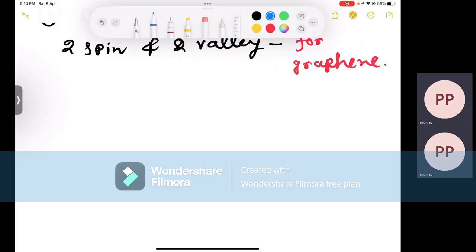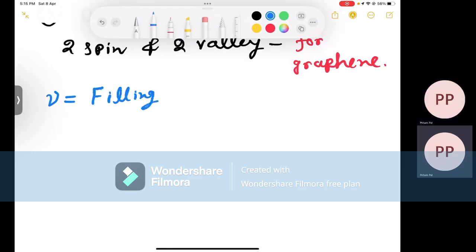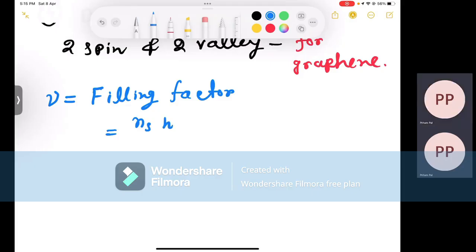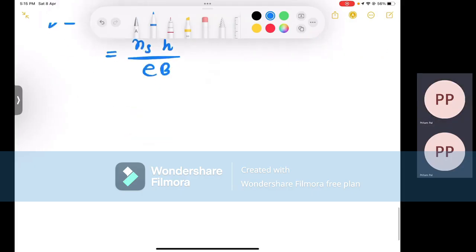So it's fourfold degenerate. Now we can write this in terms of the degeneracy. This is called the filling factor, which is the carrier density times Planck constant over eB, right?